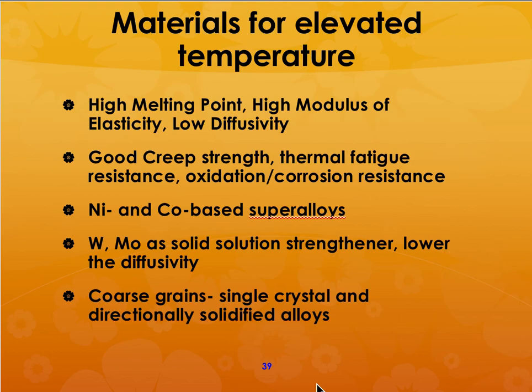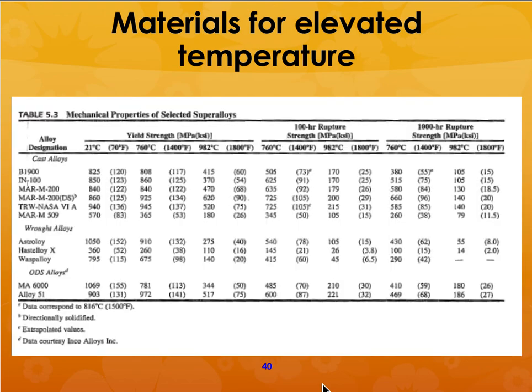You don't want a lot of grains, which will increase the tendency for the material to creep and slide against each other. You want to reduce those chances, so you want to decrease the number of grains. So coarse grains is what you want. Okay, so these are listed as some of the materials for elevated temperature applications.